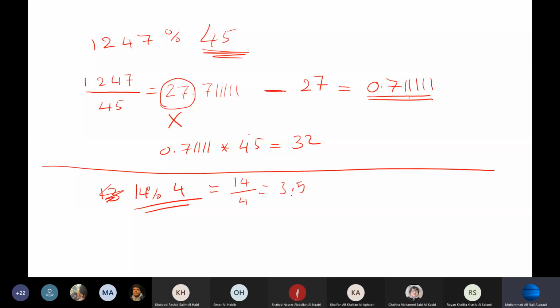Then minus 3, I will get 0.5 times 4 equals 2. So this is the result. Okay, it's easy if you follow this procedure for any number, you can find it easily.